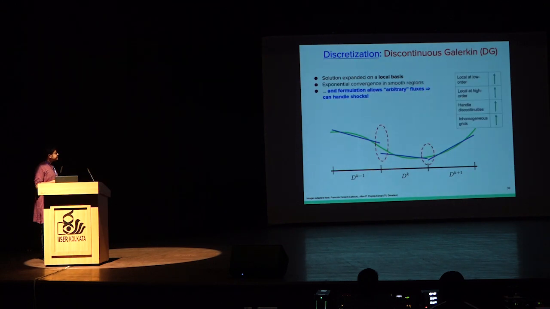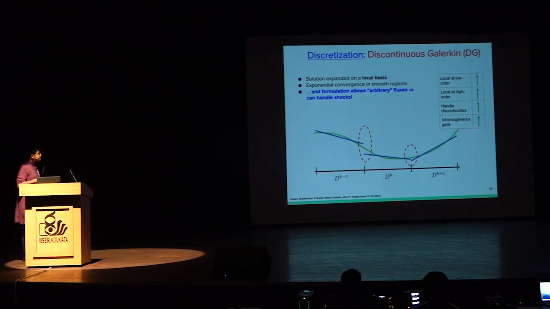So what we found is the ideal way of discretizing our equations is a new paradigm. It's only about 15-20 years old, called discontinuous Galerkin methods, where imagine if you have a one-dimensional domain. What you do is you split your domain into elements, and within each element you have a spectral basis. Just like the global spectral methods, these have local spectral bases here.